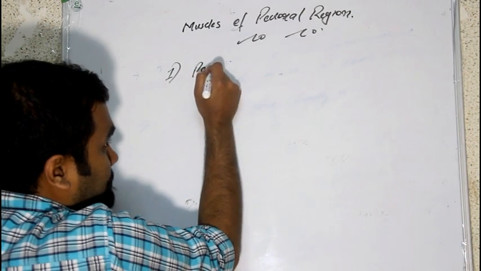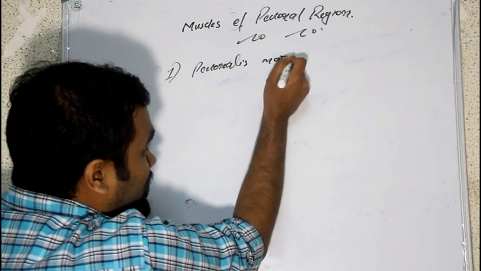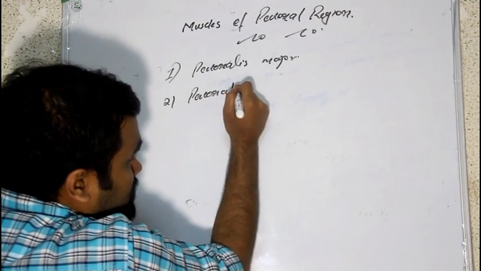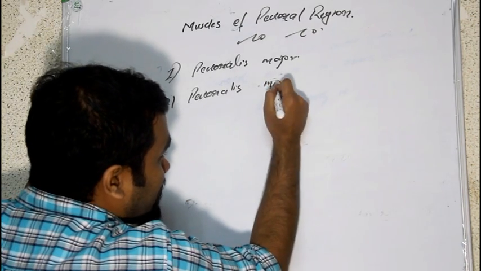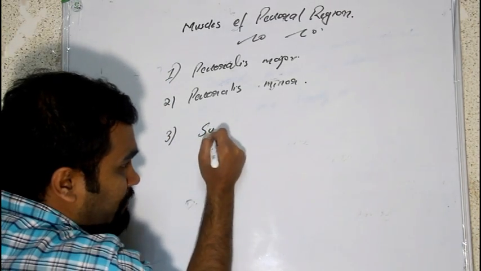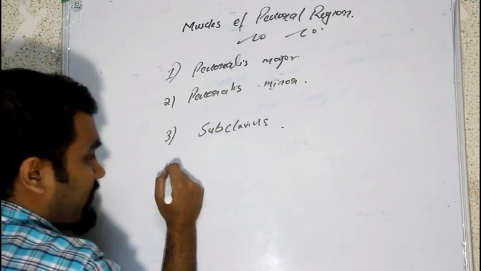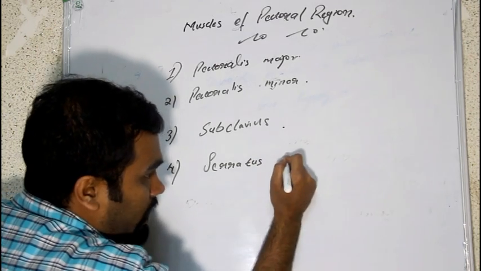One is pectoralis major. If there is major, there must be what? Minor. Pectoralis minor. Pectoralis major and pectoralis minor. And the third one is a muscle known as subclavius. Sub means below, right? Yeah.